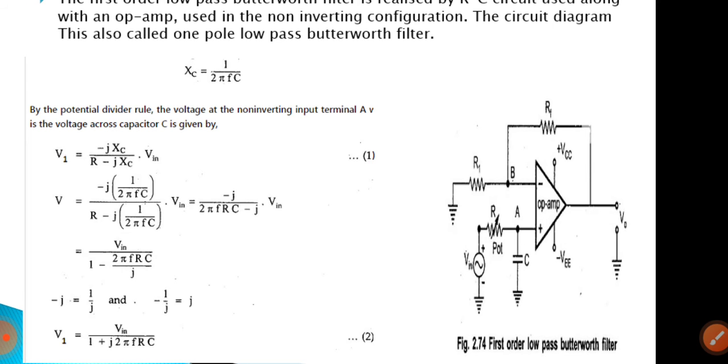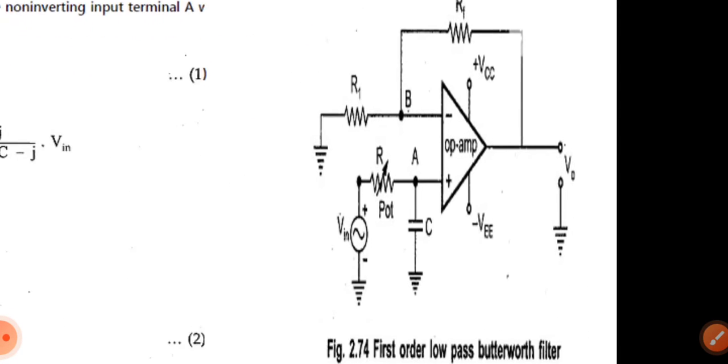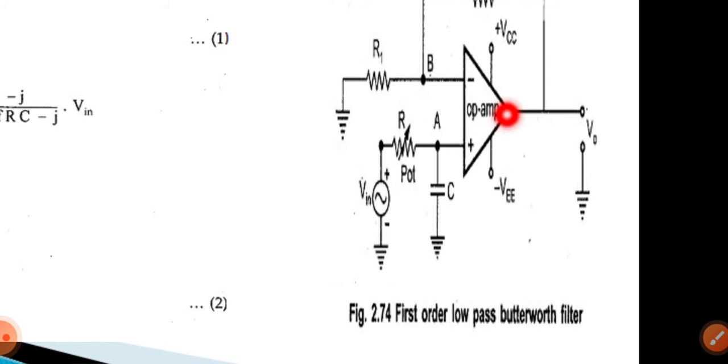Let us see the circuit. The V in is connected to the non-inverting terminal. Obviously, it is a non-inverting circuit. Here the R and the C are connected in series. That's why this capacitor is also connected in the non-inverting circuit.